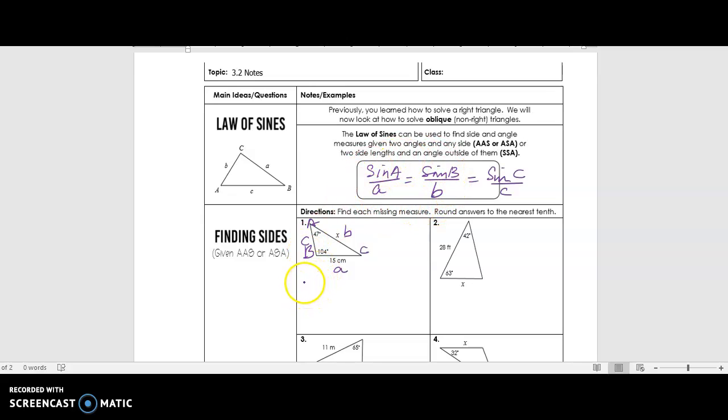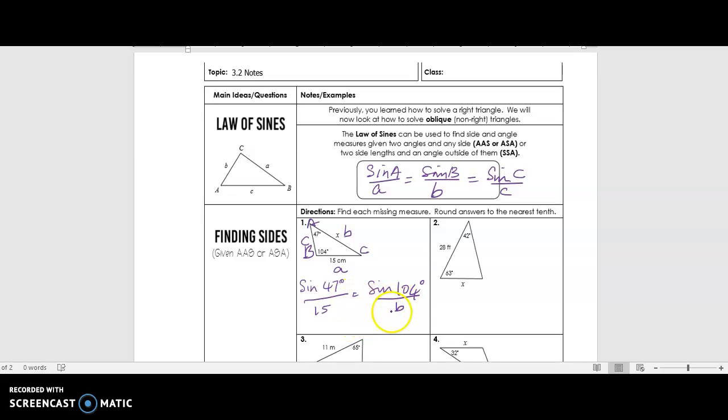So we have sine of 47 degrees over 15 equal to sine 104 degrees over b.